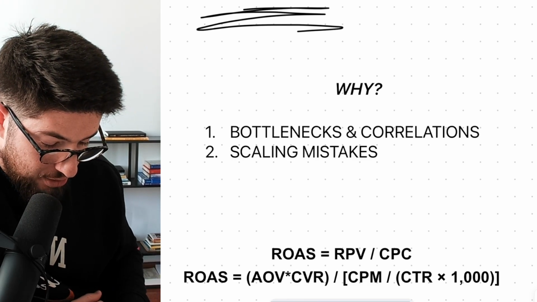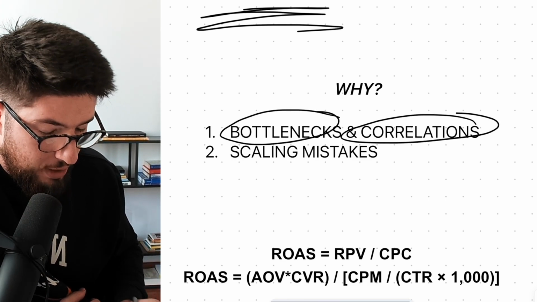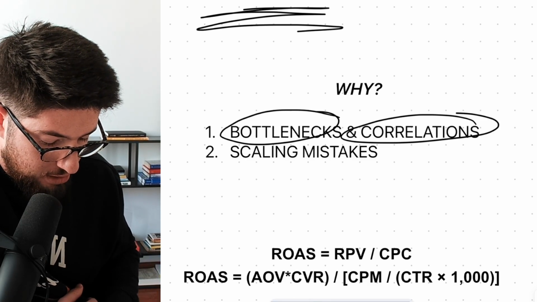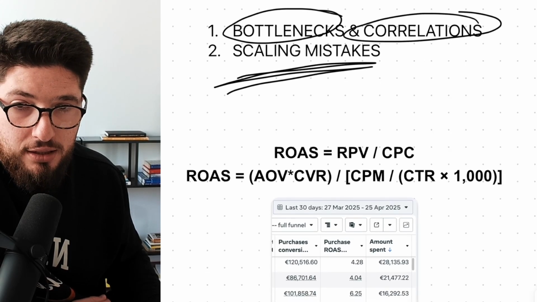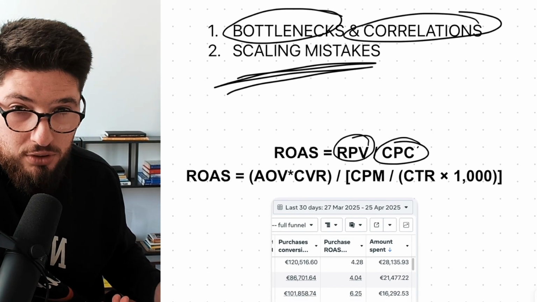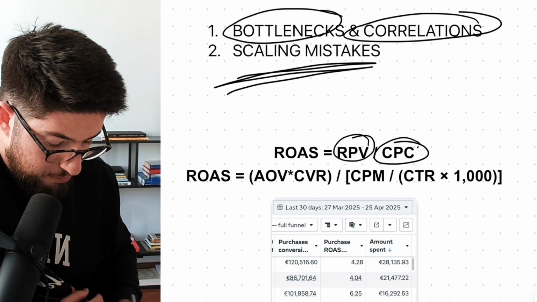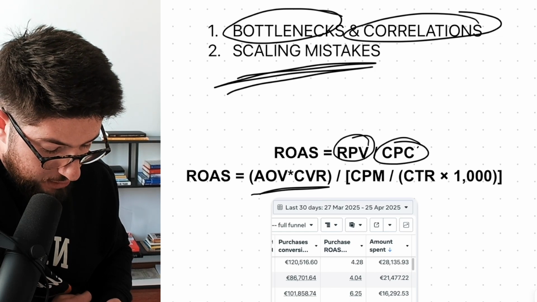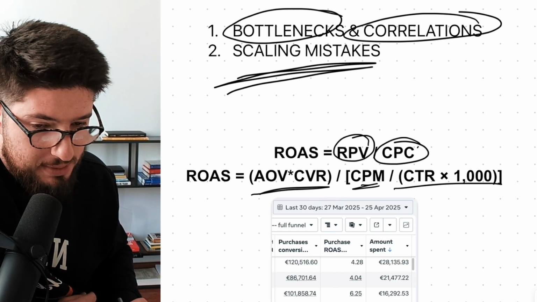Usually your ROAS will break because of bottlenecks, because of correlation of different metrics, and because of scaling mistakes. The first thing is I want you to understand ROAS, which is revenue per visit divided by cost per visit, so CPC. If you break it down even deeper, it's AOB times conversion rate, divided by CPM divided by CTR times 1,000.